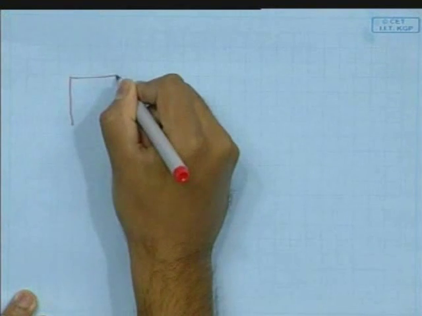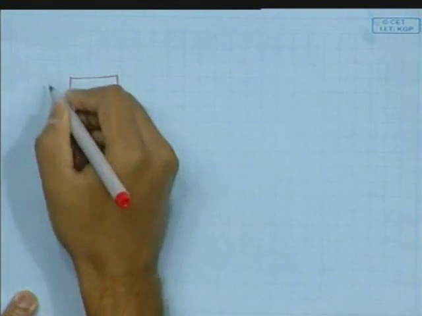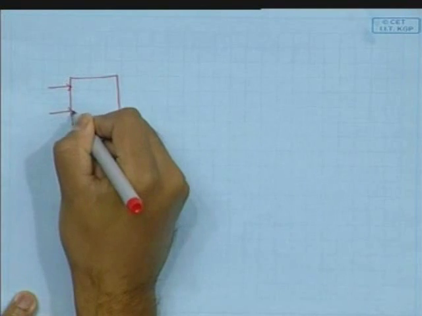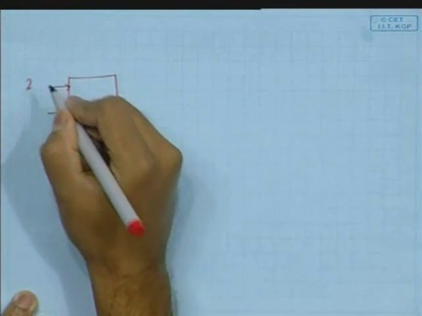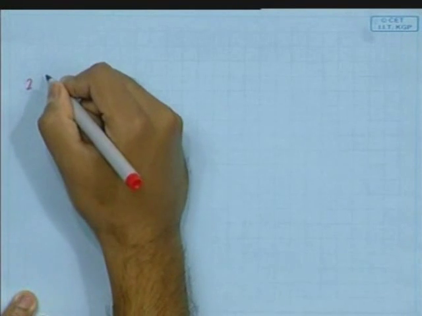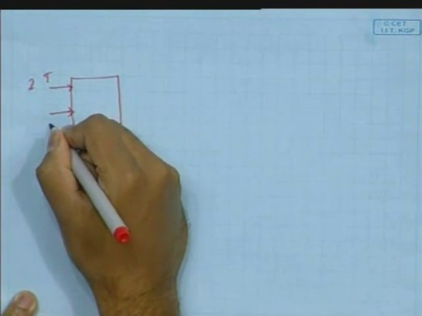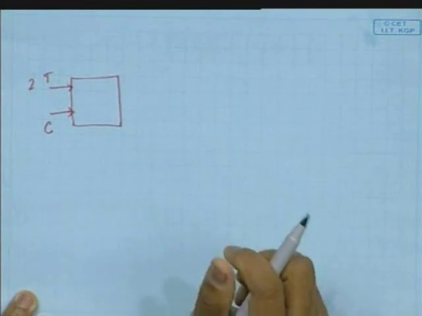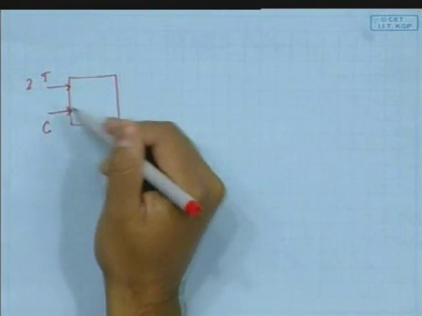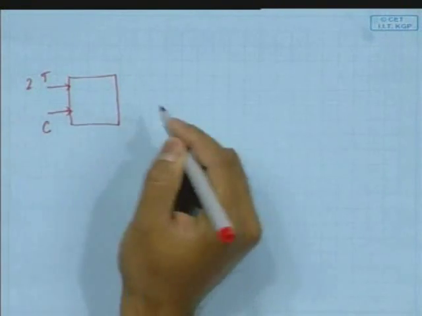Now for this vending machine, we have two inputs: one is the choice for toffee, one is the choice for chocolate. When we press the button toffee, it expects the user to insert a 2 rupee coin. Now what could be the specification of this system?